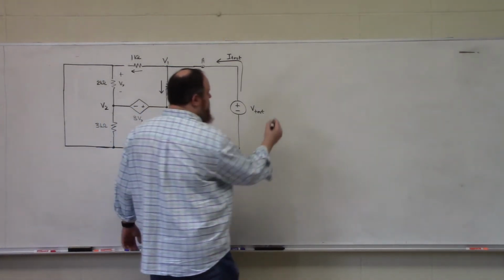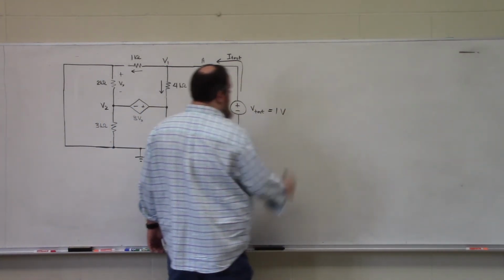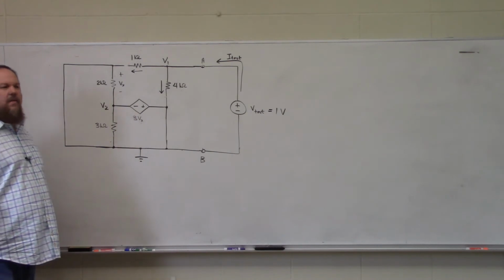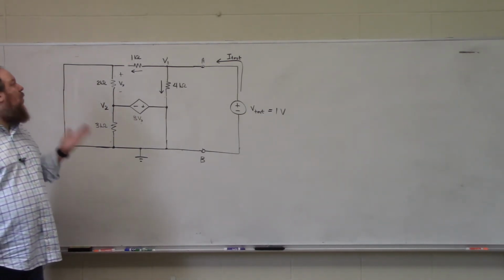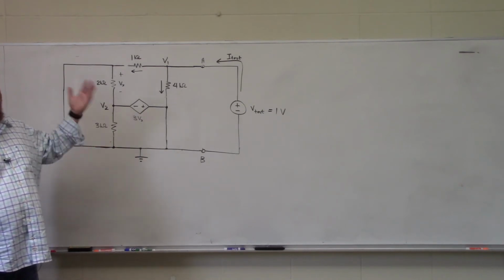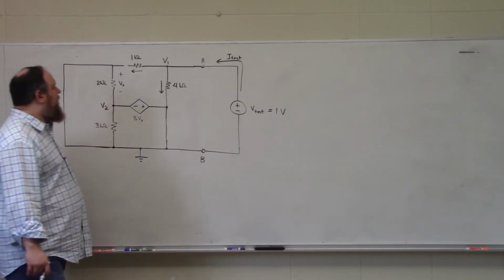I'm going to choose to use a 1 volt source because the homogeneity property of superposition tells me that it doesn't matter what voltage I use, I could just simply scale the result, so it's not going to matter.